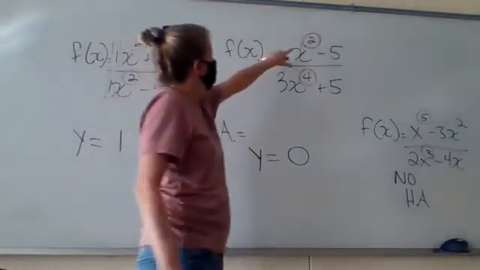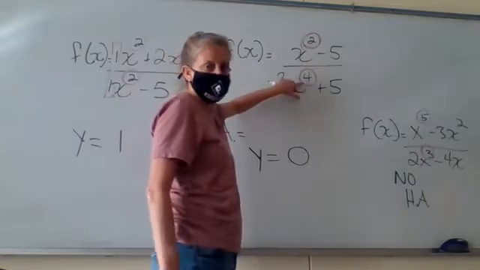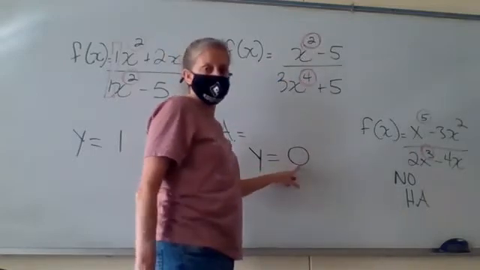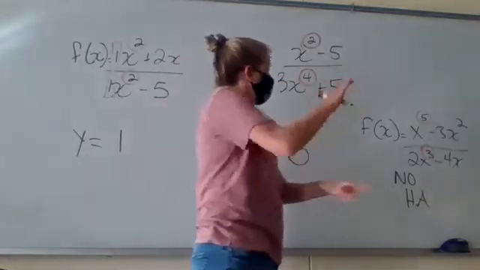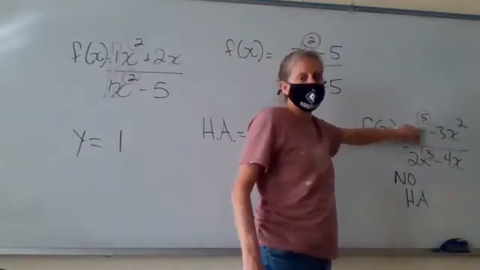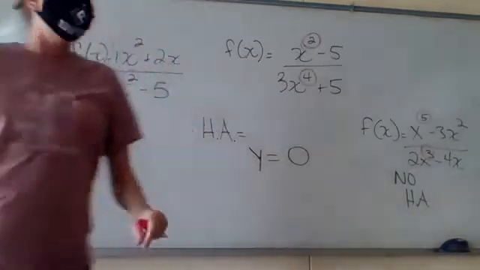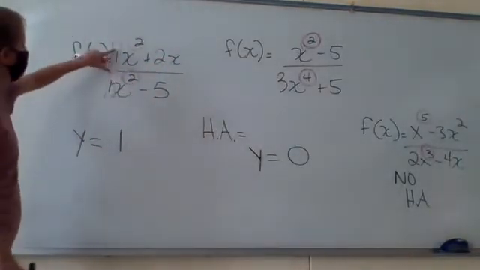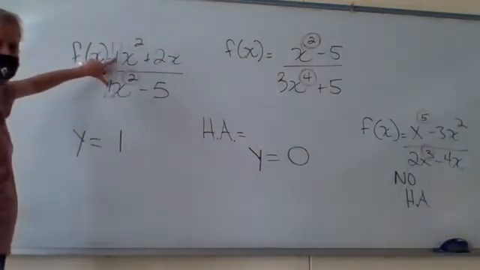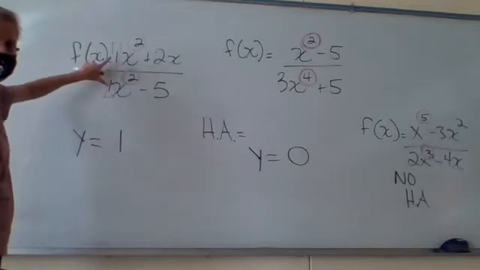So again, if the numerator is less than the denominator, it's automatically y equals 0. If it's the other way around, if the numerator is bigger than the denominator, there is no horizontal asymptote. Or if they're equal, that's when you look at the leading coefficients and put them over each other and reduce it.